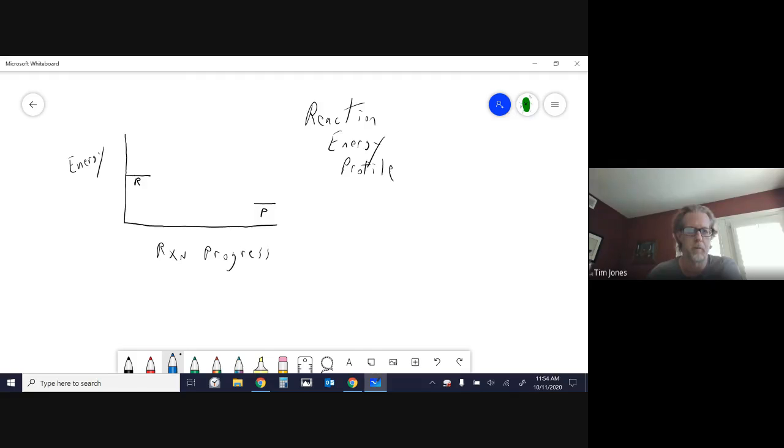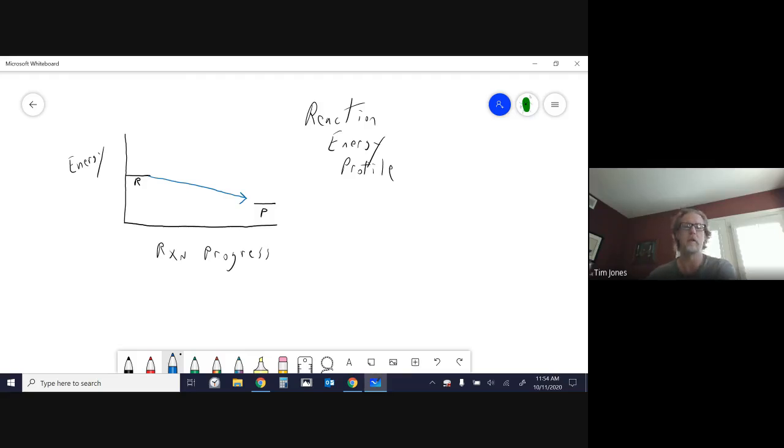So for example, it might be a pretty significant hill like this, and then fade down to the products. Or there are times you might see barely a hill at all, but it always will be a hill. What you will never see is it just go directly from reactants to products like that.